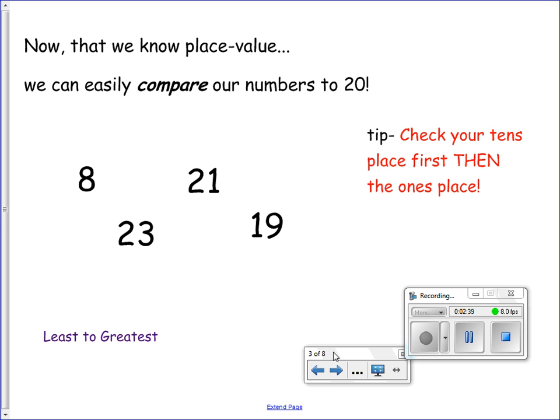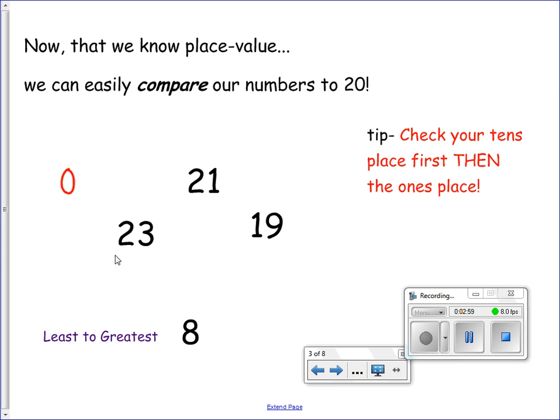So it's nice to point out that in the number 8, there's 0 tens. So I could easily move 8 first, because every other number has 2 tens or 1 ten. So I know 8 is least in this group of numbers.